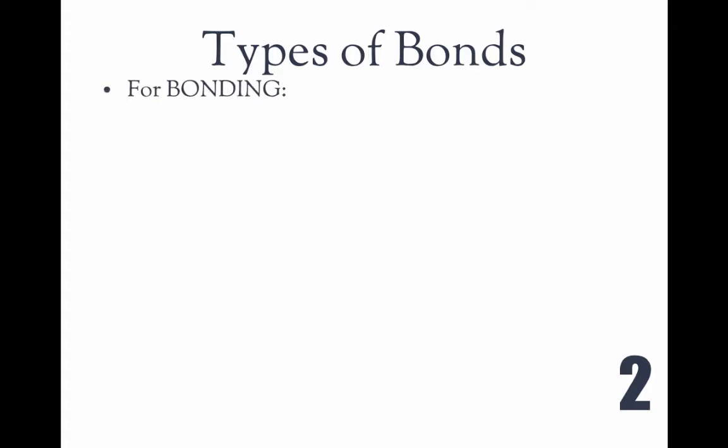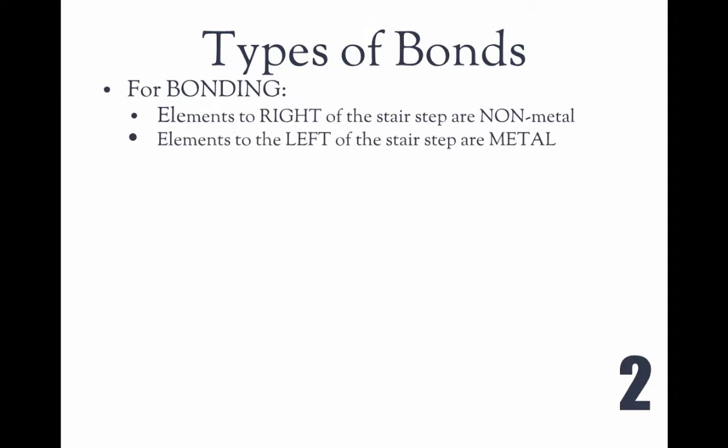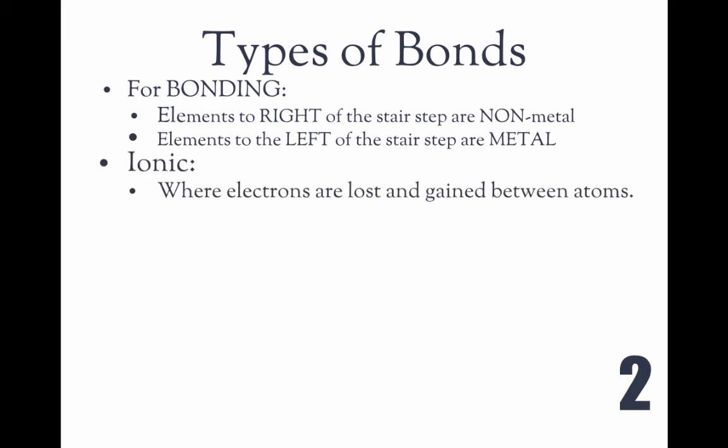So first, the types of bonds. For bonding purposes, remember that everything to the right-hand side of the stair-step line is considered a non-metal, and everything to the left-hand side of that stair-step line on your periodic table is considered a metal. There are two primary types of bonds: ionic, where the electrons are lost and gained between atoms.